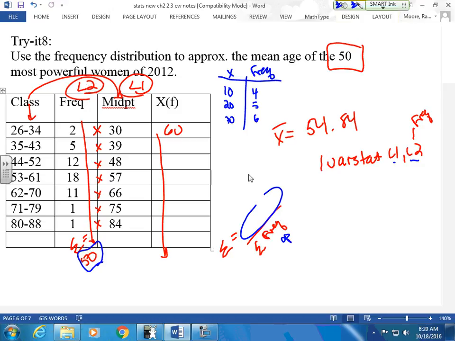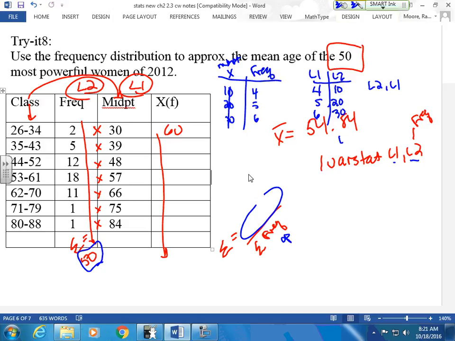Now, when we did midpoint, you just put your midpoint in here, which is basically the same thing. If in fact you set your table up and you did this, you could tell your calculator, if you put this in your L1, L2, you could tell your calculator L2, L1. As long as this second entry is where your frequency is, it will work fine.